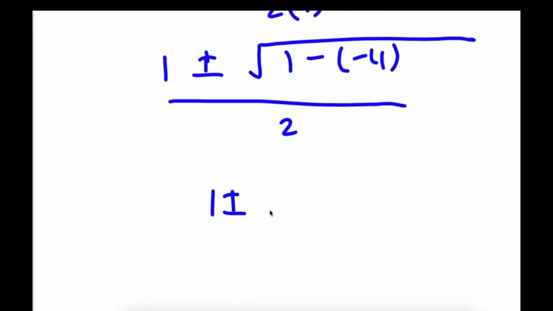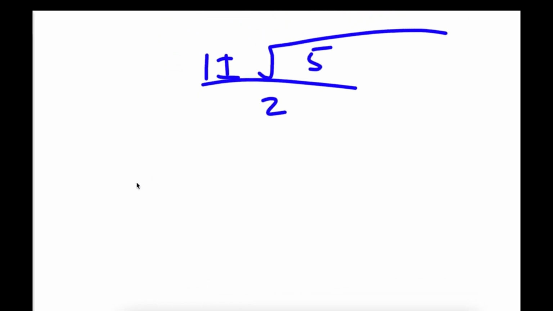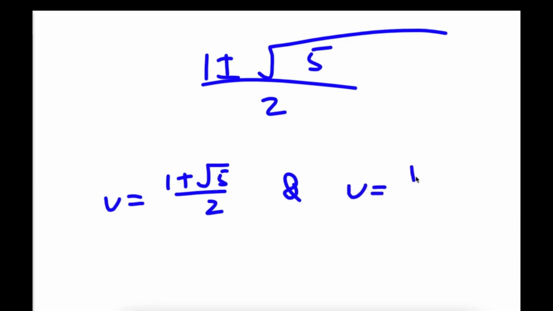Now this is equal to 1 plus or minus the square root of 1 plus 4, which is 5, over 2. So this gives me two solutions. I have u is equal to 1 plus the square root of 5 over 2, and u is equal to 1 minus the square root of 5 over 2.